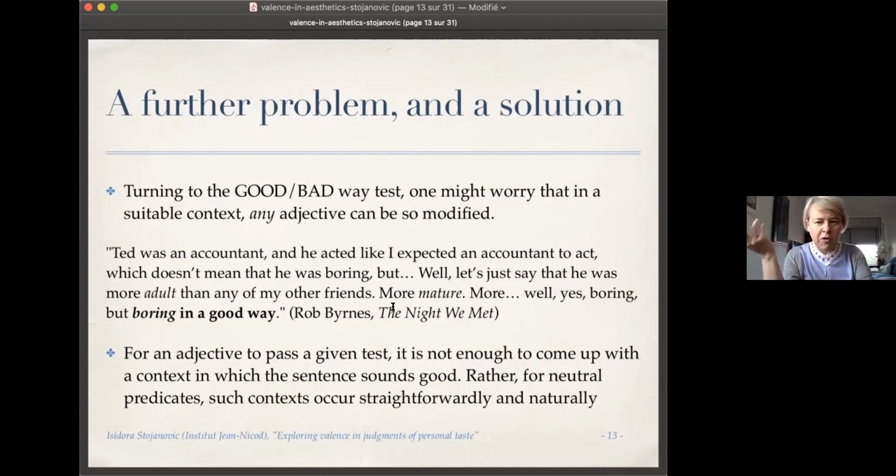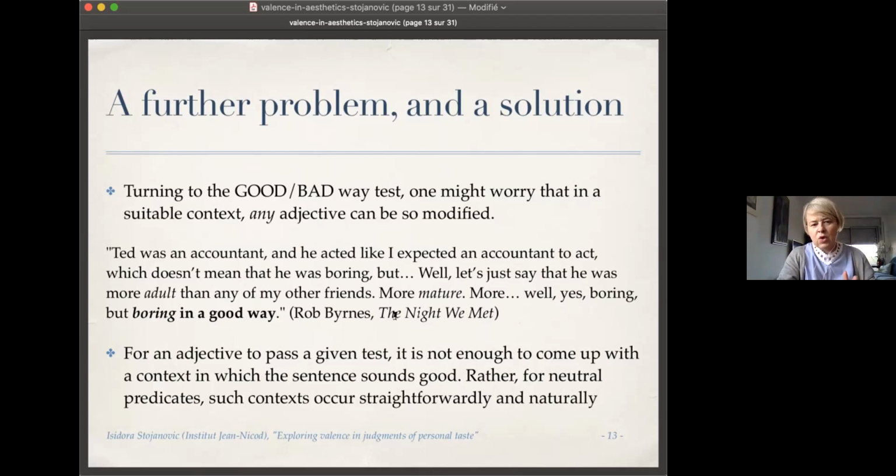And our reply is that the mere existence of some contextually felicitous cases where you get this modification is not enough evidence to say that this adjective passes the test, because with enough ingenious thinking and creativity, you can often come up with examples. But as you see in this example that I'm citing, the speaker needs to make quite a bit of effort so that the expression boring in a good way gets to sound good, gets to make sense, right?